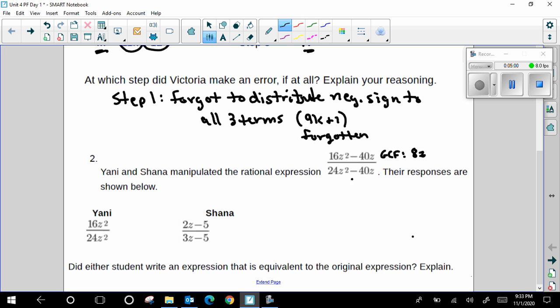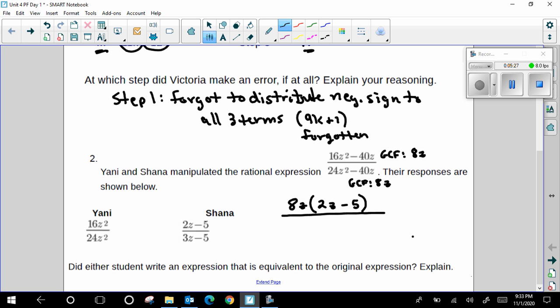And in the bottom, I have a GCF that is also 8z. So if I factor 8z out of the numerator, 16 divided by 8 is 2. Z squared divided by z is z, minus 40 divided by 8 is 5. And the z divided by z just becomes 1.